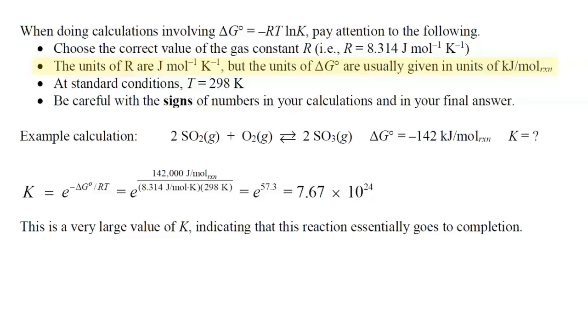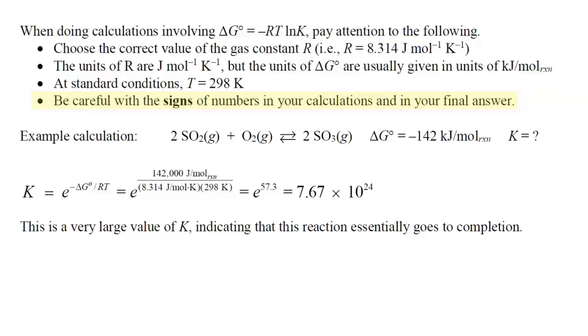Now, T, the temperature, is the temperature at standard conditions, and that would be 298 kelvins. So be careful with the signs of your numbers in your calculations and your final answer, and I'll show you what I'm talking about when I talk about signs by using this example calculation.